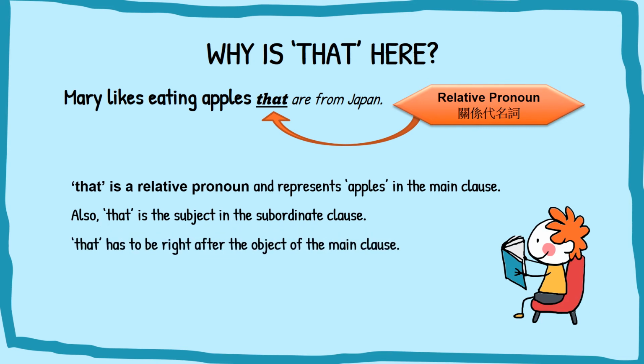Also, when you write this word that, remember you should write it right after the object of the main clause. And the object of the main clause here is apples. So you should write THAT right after apples.